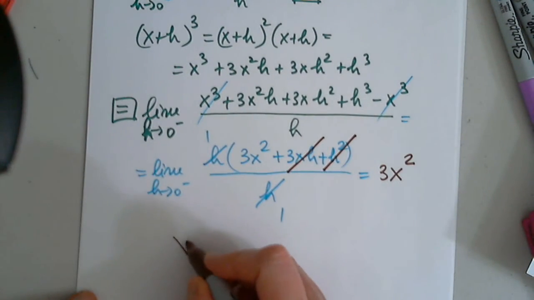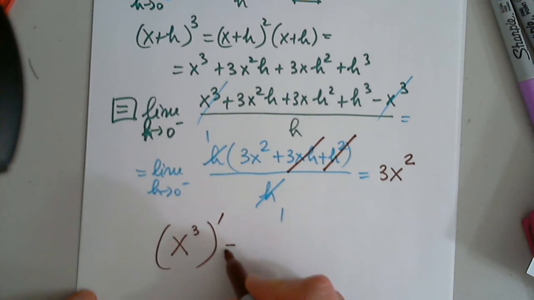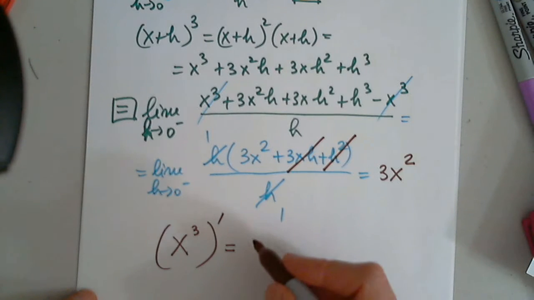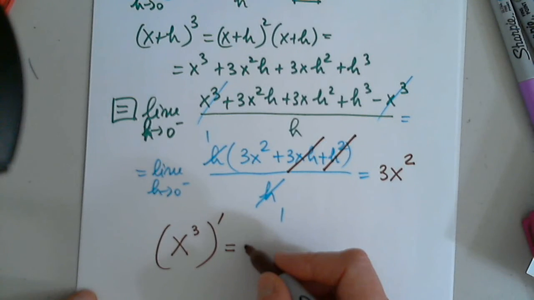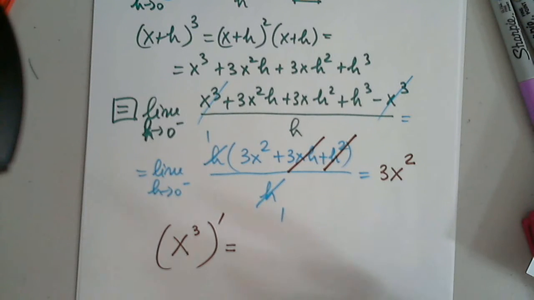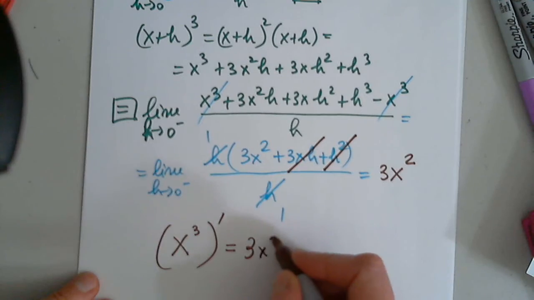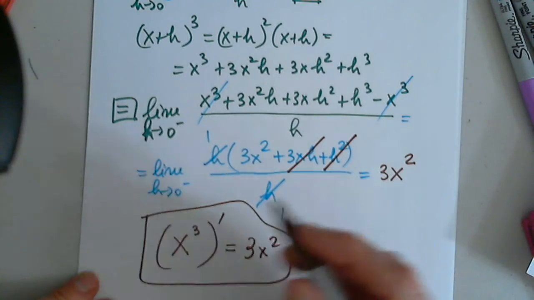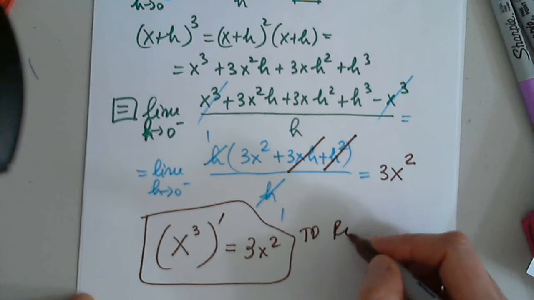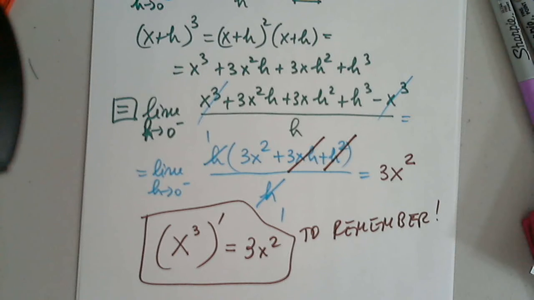So please remember, whenever we differentiate x cubed, what is the answer? 3x squared. That's it, we just determined it. Carved in stone to remember forever: the derivative of x cubed is 3x squared.